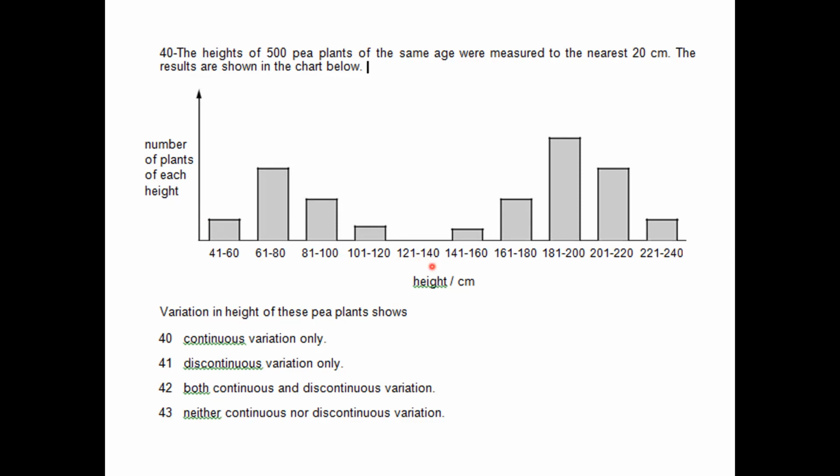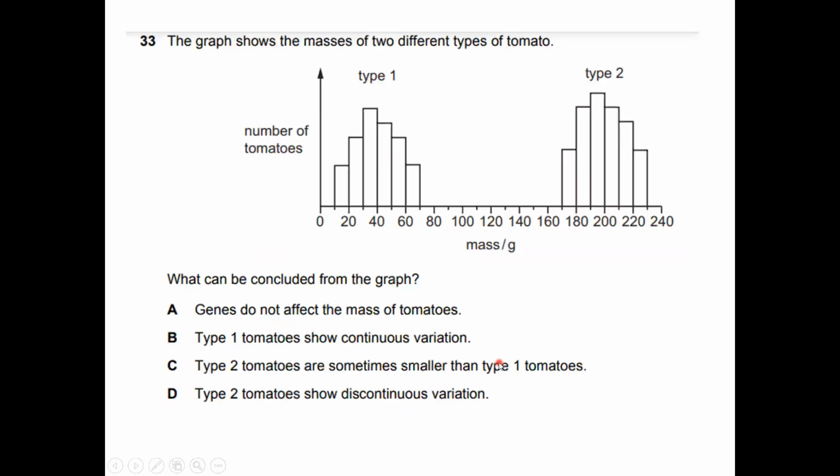So it means that option C is right. Height is an example of continuous variation, which is being discontinued in this range. ठीक है जी, so that's why that is considered as both continuous and discontinuous variation.